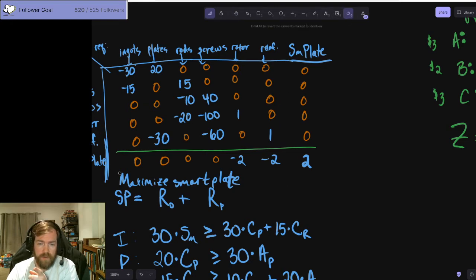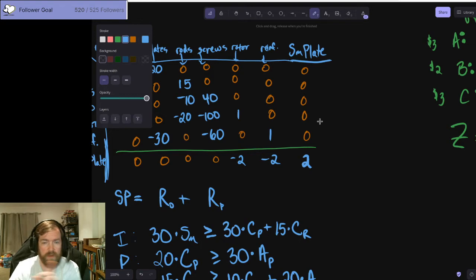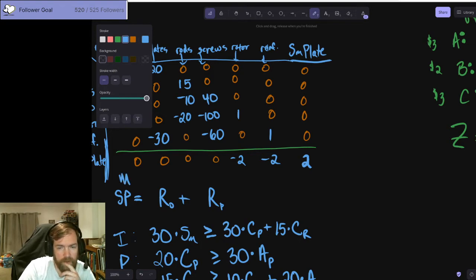In theory, what we're looking to do is minimize... Okay, I got it. What we're actually looking to do is minimize the number of machines.